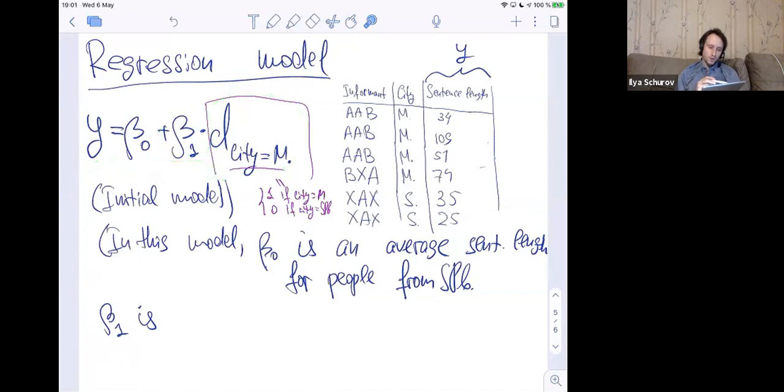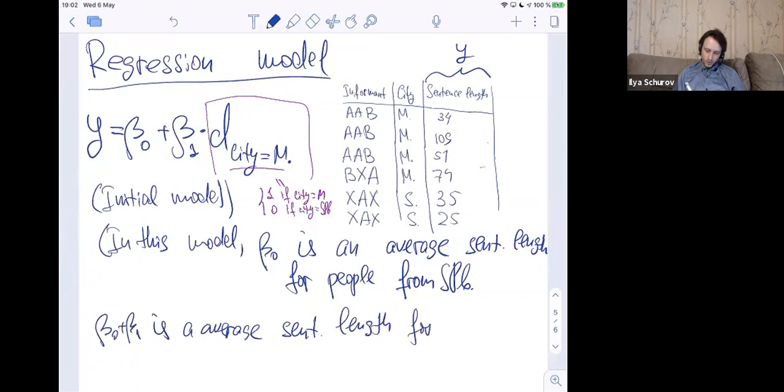And so, let me write it. Beta naught plus beta 1 is an average sentence length for people from Moscow. So what can you say about this beta 1? How can you interpret this beta 1 now?